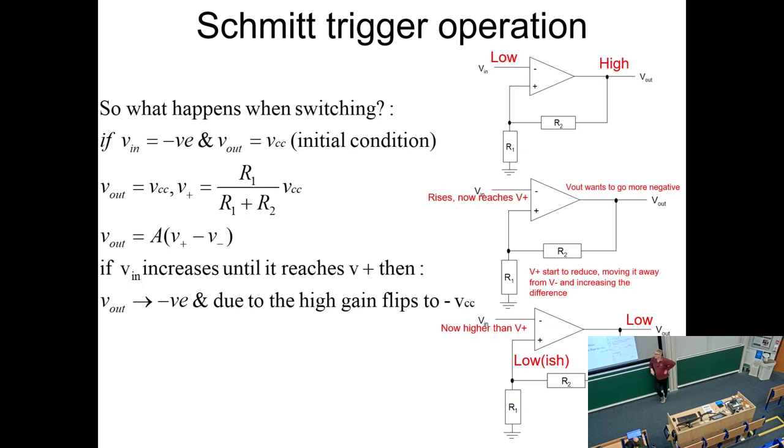Because if the V in is, say, a digital signal, a square wave coming in, and it's come a long way under the Atlantic, say, and is now a bit noisy and a bit small in level, you want to get that square wave back again. You want to get rid of that noise. So what you can do is feed it into one of these Schmitt triggers, and when it's high with the noise on it, it'll switch the output high, and the high will just stay there and ignore the noise for now, because the noise isn't getting anywhere near the threshold anymore.